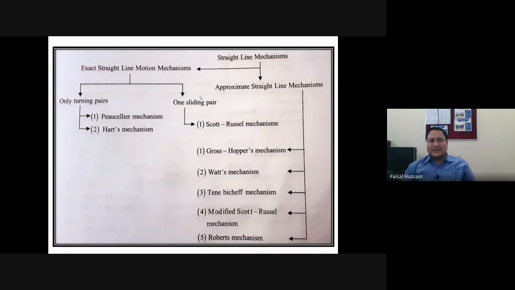In Peaucellier's mechanism and Hart's mechanism, there will be only turning pairs, no sliding pair. And if there is one sliding pair, then exact straight line motion is given by the Scott Russell mechanism. So from here, you should conclude that straight line mechanisms are of two types: exact and approximate straight line mechanisms.